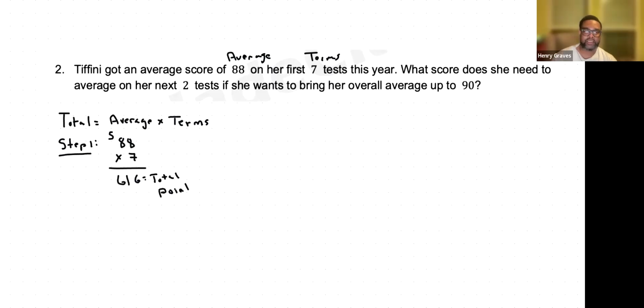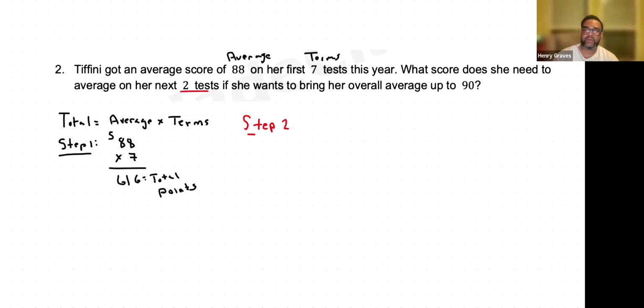I'm going to do this next step here in red. Step 2, what score does she need to average on the next 2 tests? It's better for me to write it out and say it. So step 2, she has 2 more tests, right?